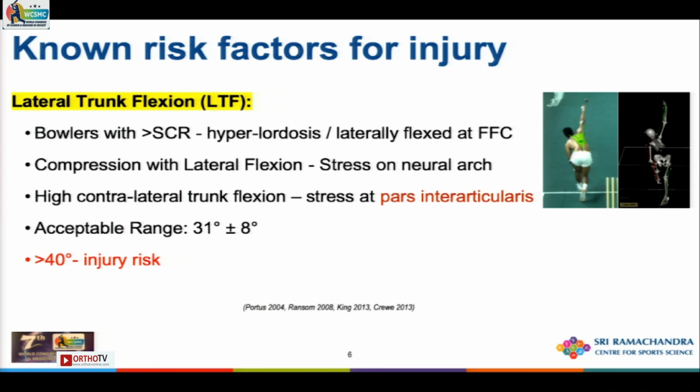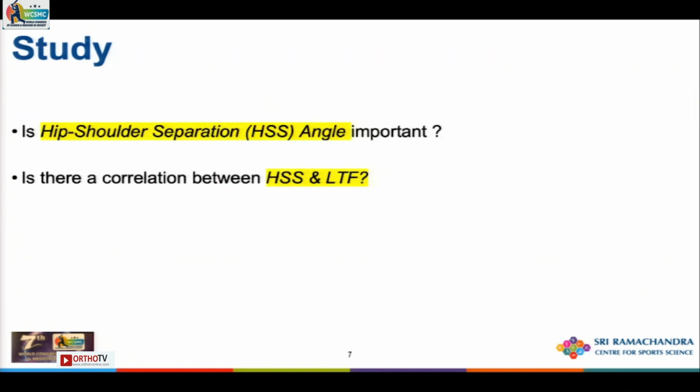This is a fact we all know, and various studies have uniformly accepted the normative range is somewhere around 30 degrees, and anything around 40 degrees or more of lateral trunk flexion is definitely going to prove a factor for spine injury.